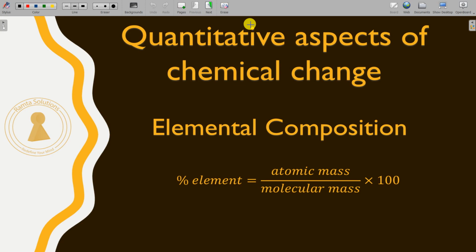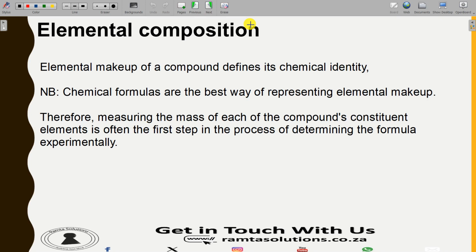So in this video, we are looking at elemental composition. What we know about composition generally is that chemical formulas are the best way of representing elemental makeup, right?